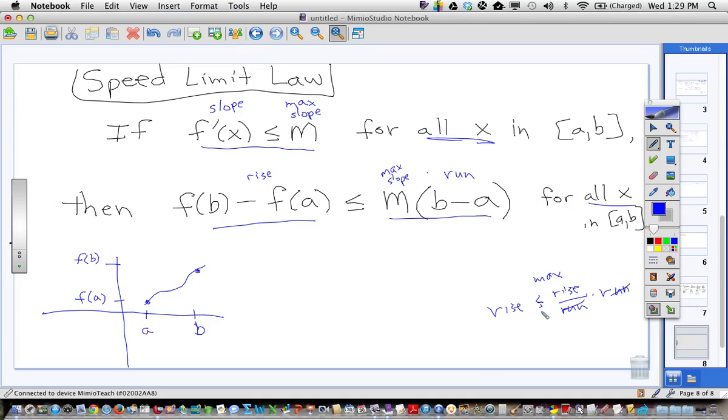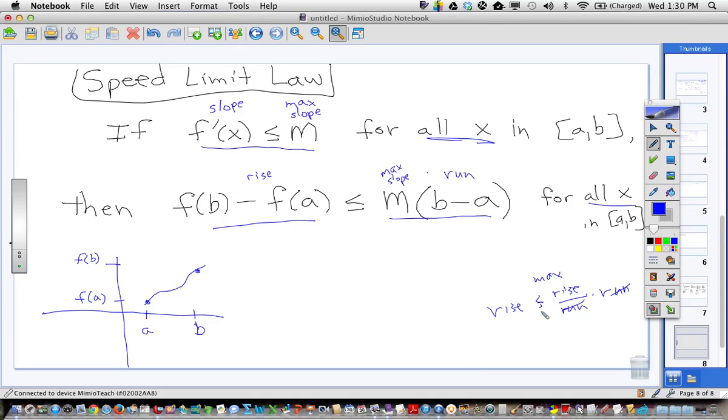If we know the steepest the slope ever is, the biggest the slope ever is, we know the steepest the graph ever is. Then we know for some run, from A to B, we can tell how big the rise is. That's kind of common sense, isn't it? If we know the steepest the slope will ever be, then for a certain run, we'll know the most it could go up.